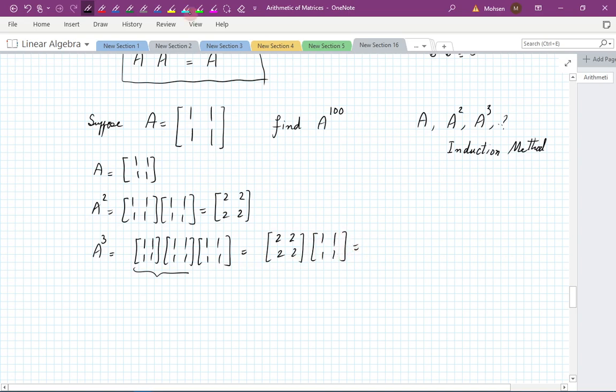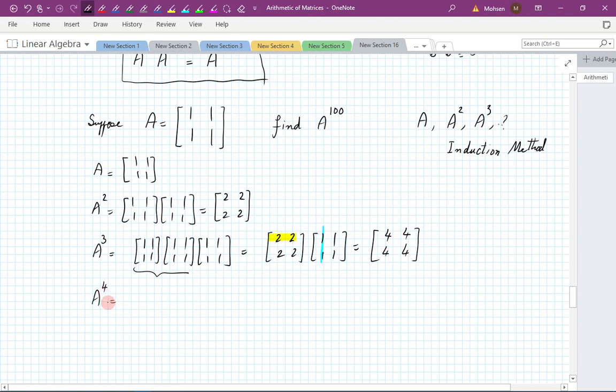So what happens? Just patiently do what we have been advertising all along. What happens if I multiply a row and a column? Of course I get 2 plus 2, which is 4. And the nice thing about this simple matrix is that everywhere the same thing happens. Again, a good thing would be to factor 4 out for an even faster way, but if you don't think of doing it that way, that's fine.